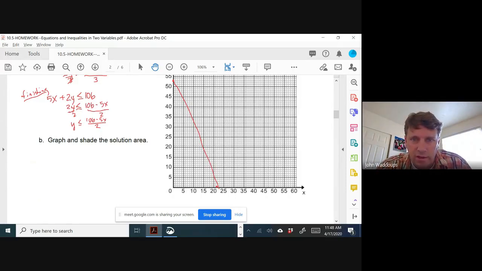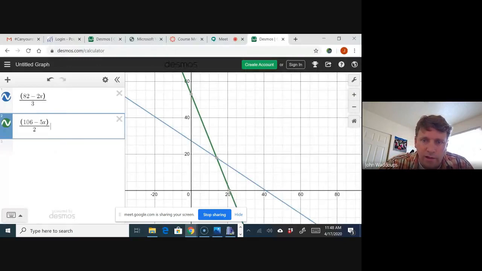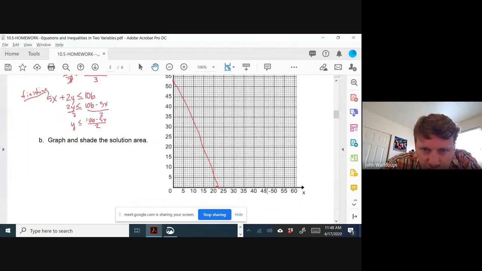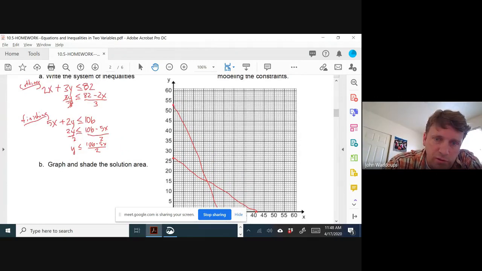So that's the one line. The other line. And then when we do our shading, because both of these are less than, we shade below the line for both of them.